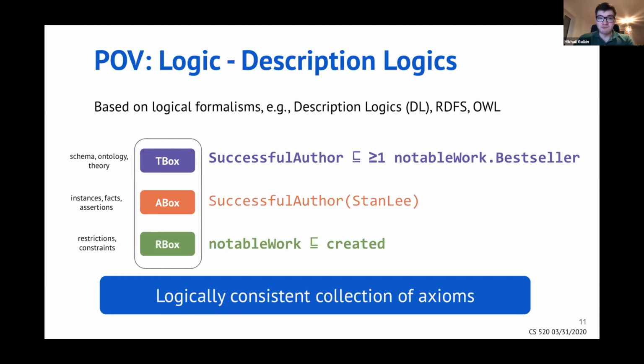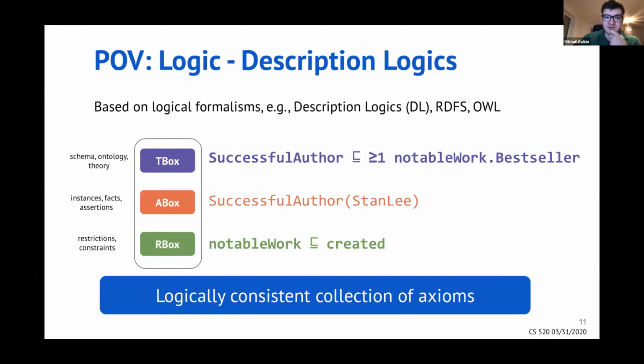And our knowledge graphs there, when built with DLs, usually consist of three main parts. The first part is the T-box or schema, so you can call it ontology, which specifies relationships among abstract concepts. For instance, a successful author is somebody who has at least one notable work, and this is a bestseller.